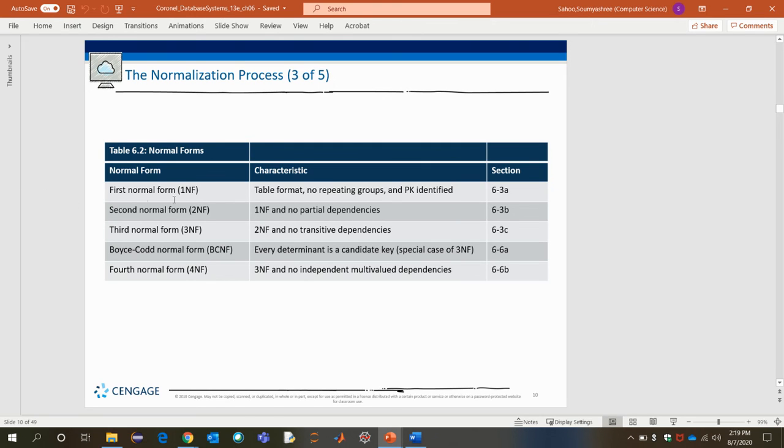It's easier to remember the features of each normal form, on the basis of which you will divide your relations or data tables. For that, this table is most beneficial because each of the normal forms has been given with its individual characteristics.